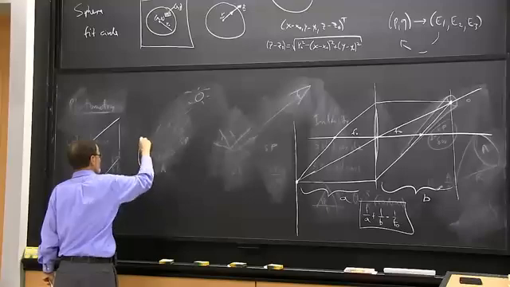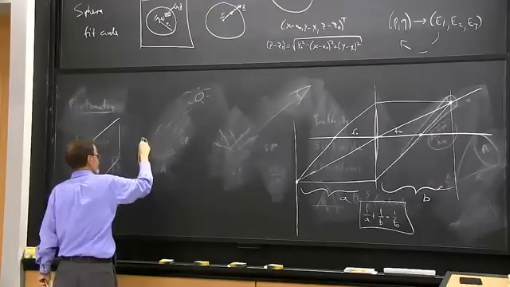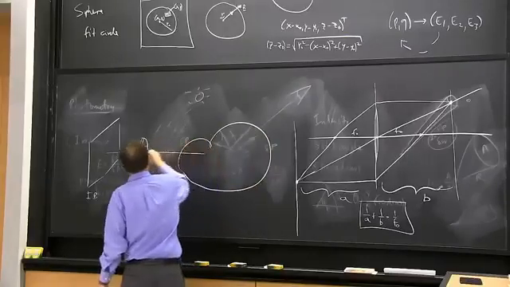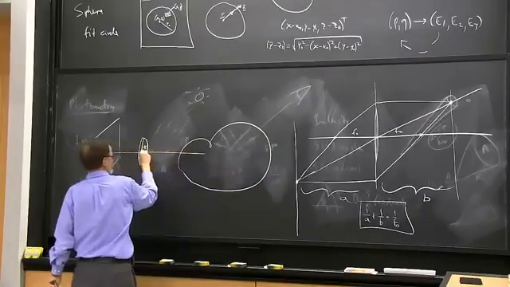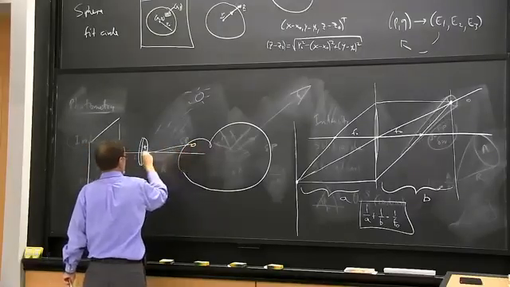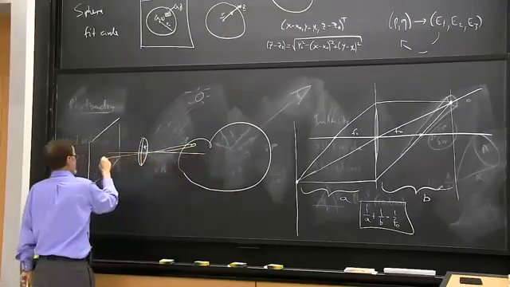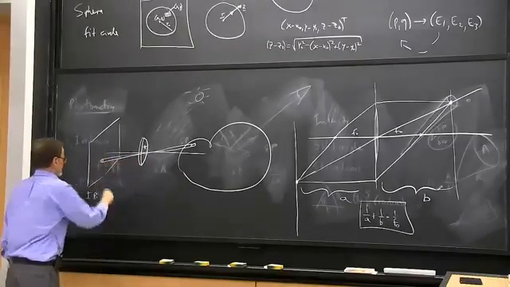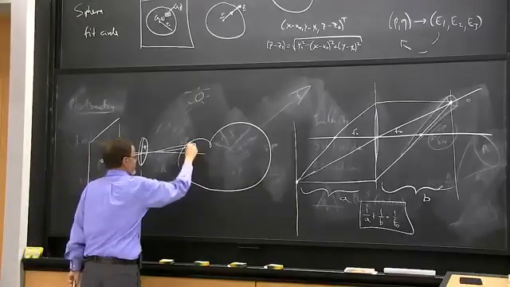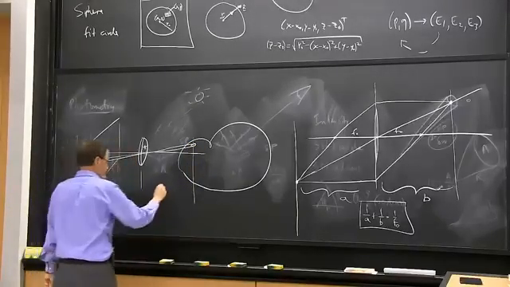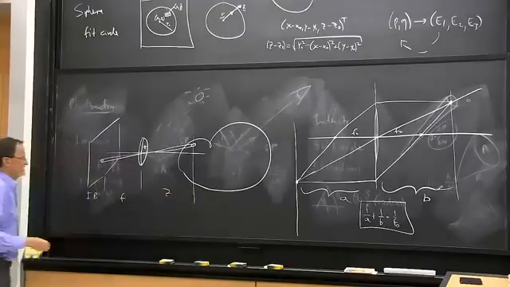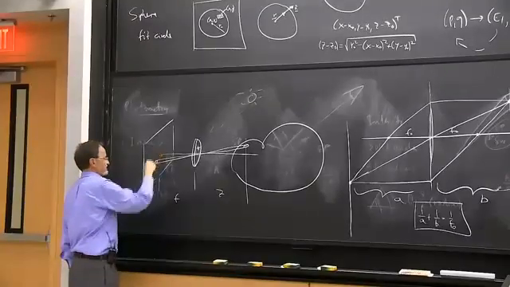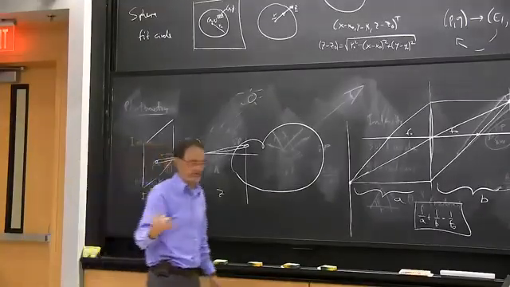Okay, so then there's a lens, and there's an object. I'm calling the distance from the lens to the image plane f as opposed to f0.